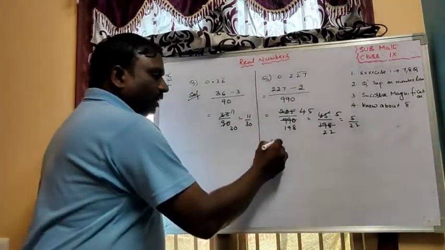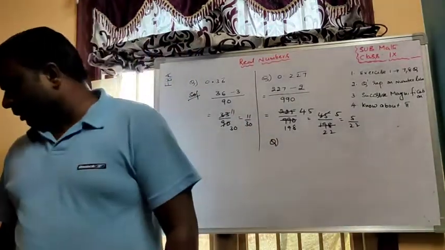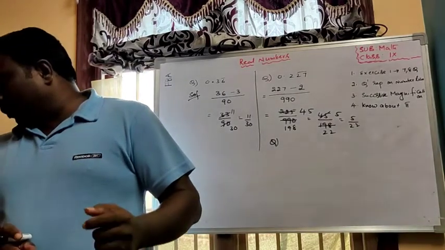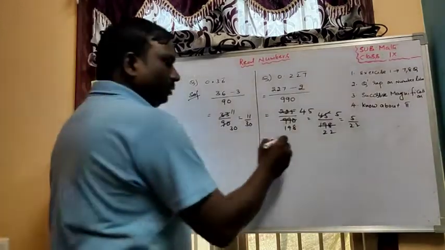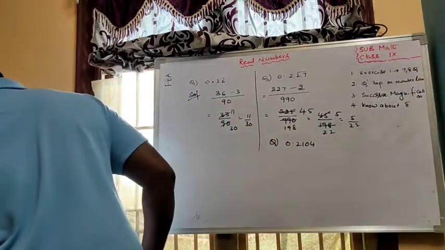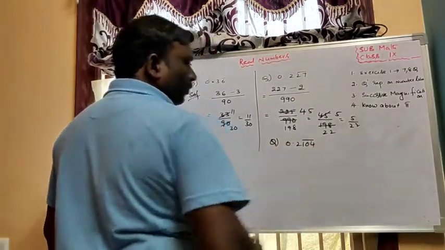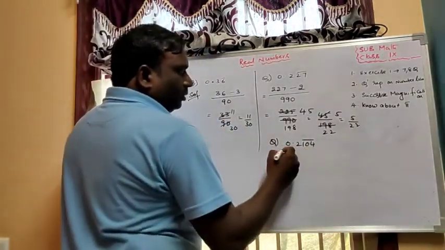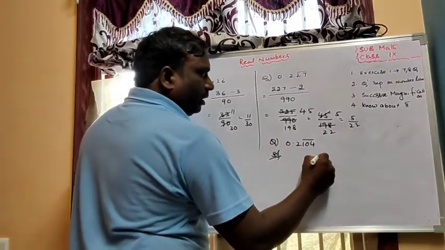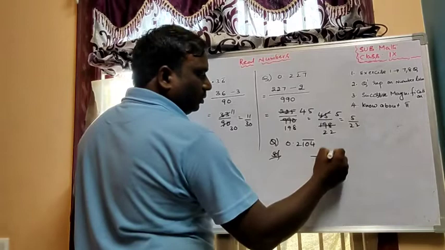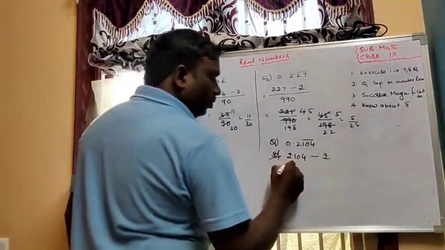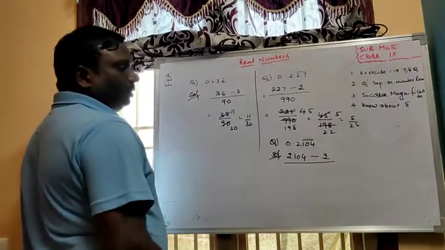So one more example, let us take 0.2104 with 104 recurring. Here the same: subtract the non-recurring digit, that is 2, from 2104, so 2102 by.